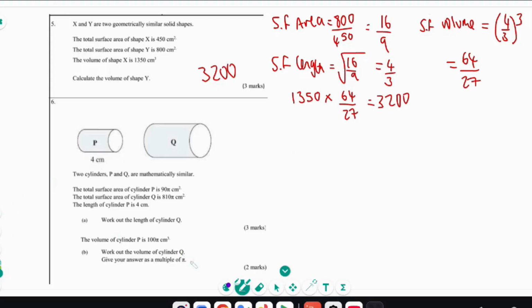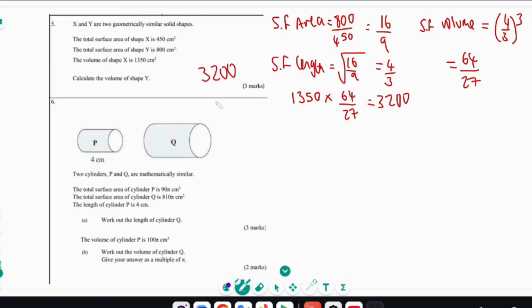Okay, next question, question 6. Got two mathematically similar shapes. Total surface area of P is 90 pi. Total surface area of Q is 810 pi. The length of the cylinder P is 4 centimetres.